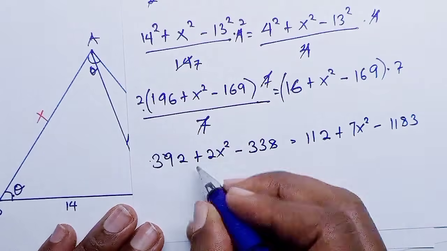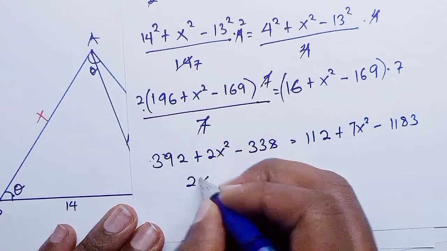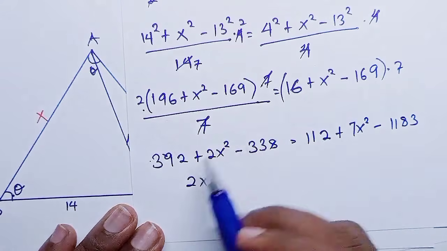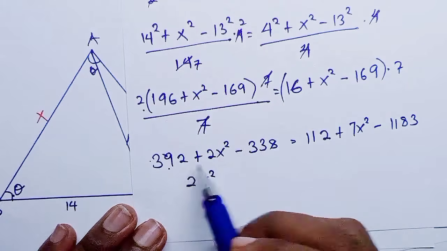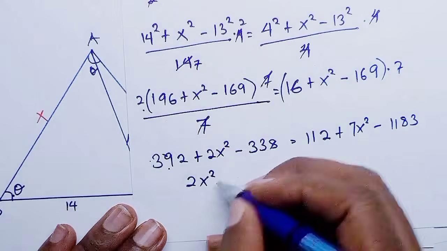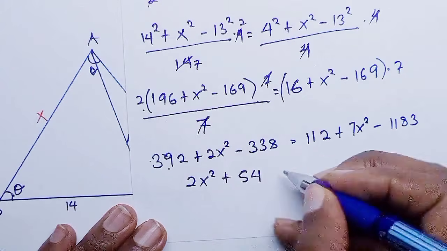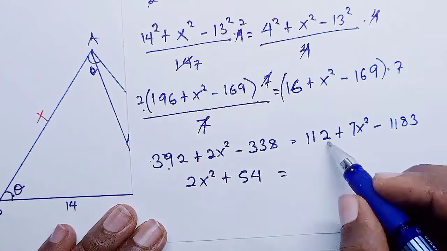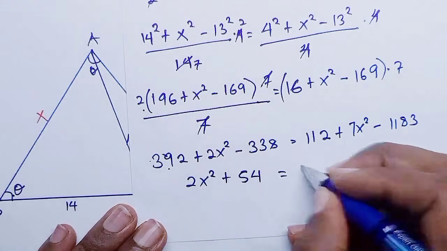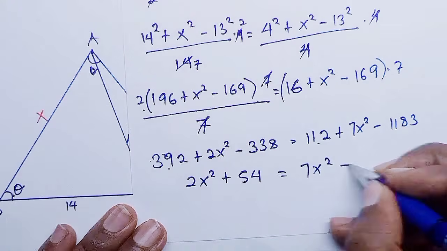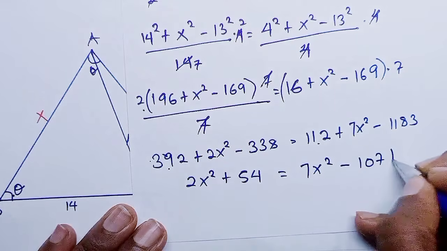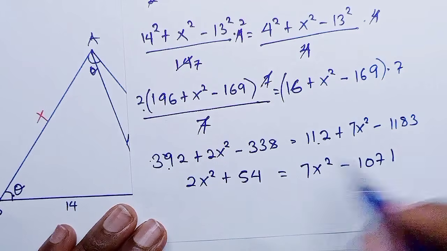Therefore, we shall have 2x squared, then 392 minus 338 is equal to plus 54 is equal to 7x squared. This minus this gives us minus 1071.